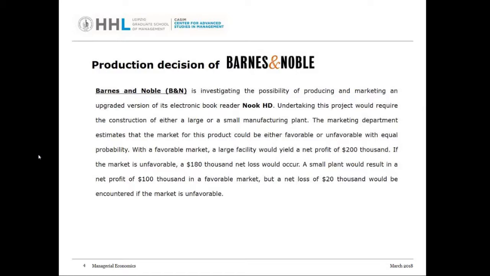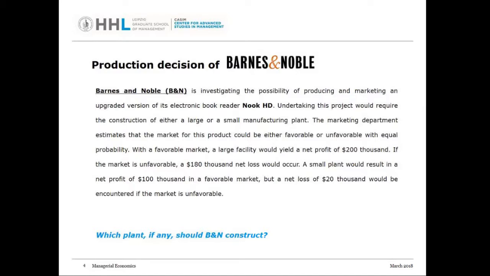The firm will get a net profit of 200,000, or in an unfavorable market, it will cause a big loss of 180,000. A small plant, in contrast, will have a net profit of 100,000 in a favorable market, but a smaller loss of 20,000.